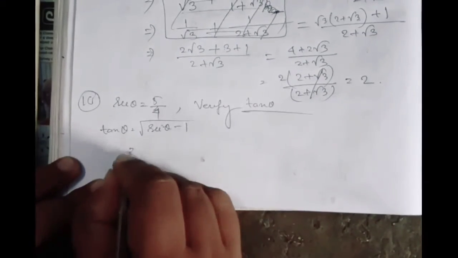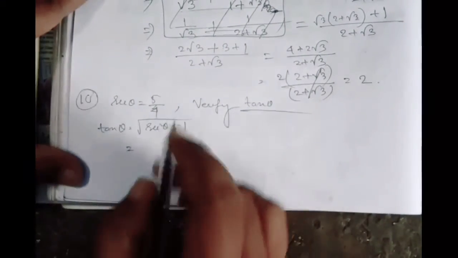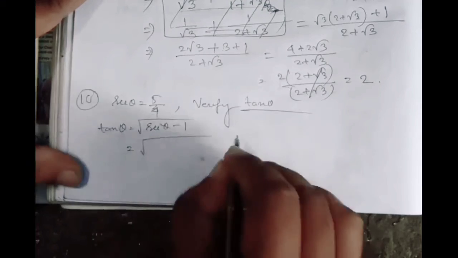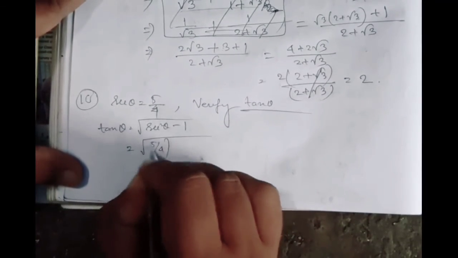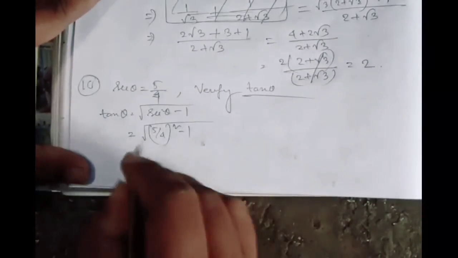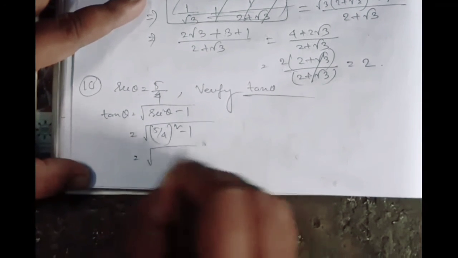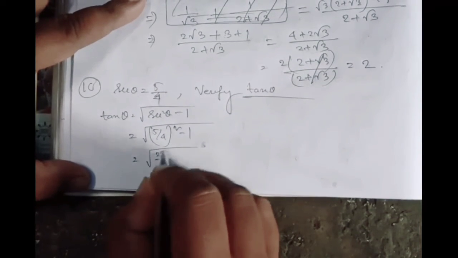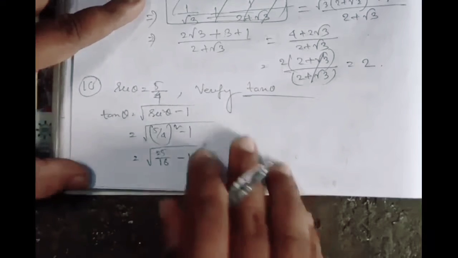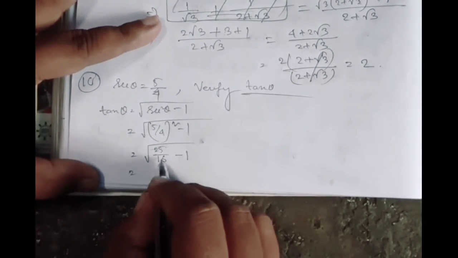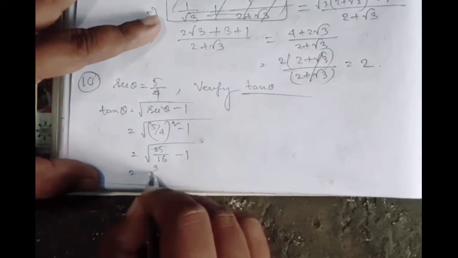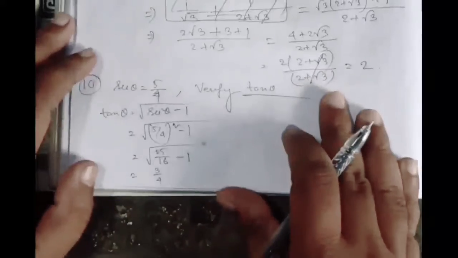We know that. So that's equal to 5 by 4 whole square minus 1, which is 25 by 16 minus 1. If we calculate it, we get 3 by 4. So tan theta is equal to 3 by 4.